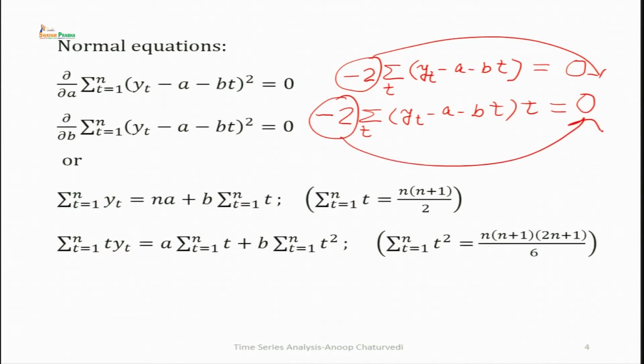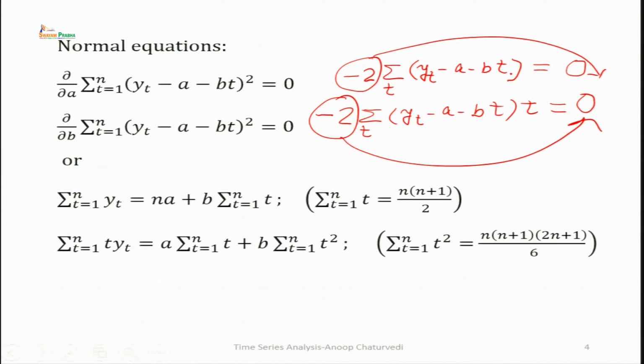So, the first equation becomes summation y t equal to, now you are adding a n times, t equal to 1 to n. So, you get n times a plus b into summation of t, t equal to 1 to n.